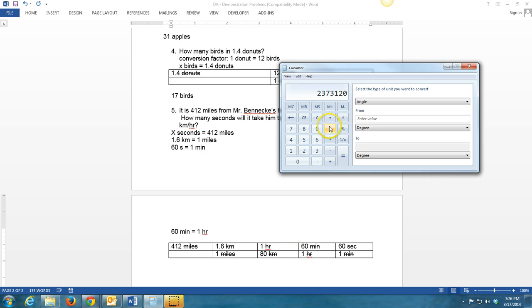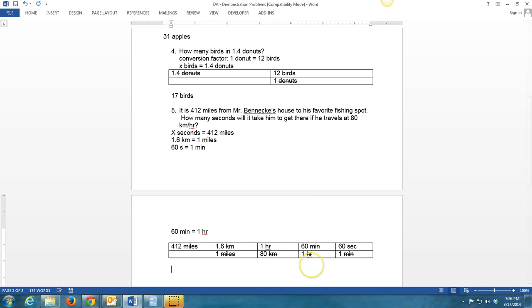I need to divide all of that by 80. So my answer is 29,664. 29,664, and my units are seconds because that's what I was trying to find right here, and it is the 1 unit that didn't cancel in all my relationships.